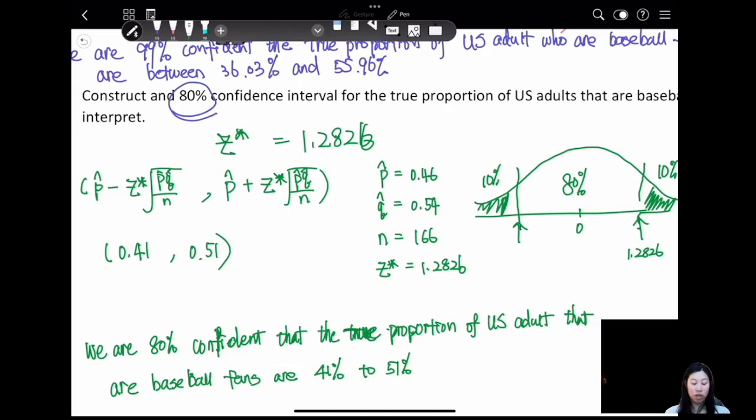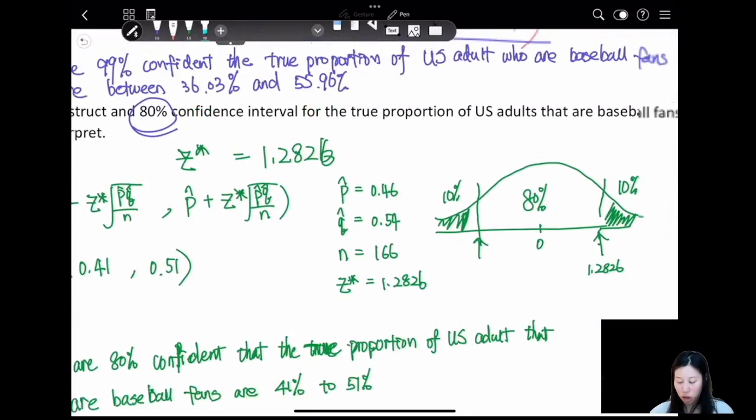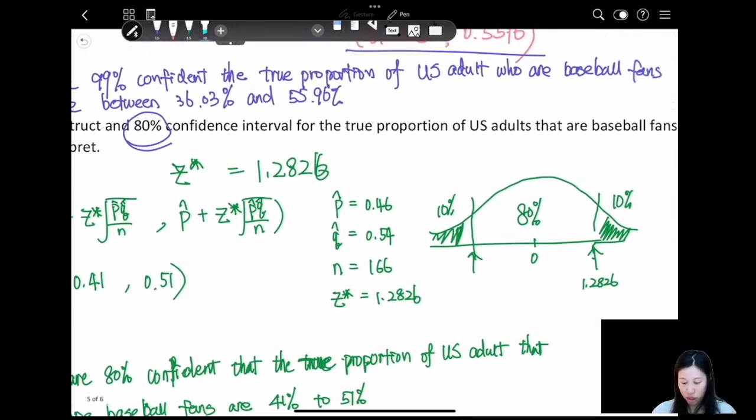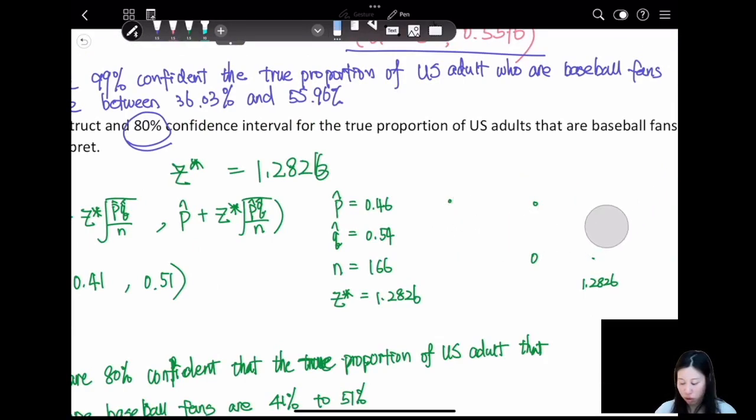So also we can talk about the margin of error. Remember what the margin of error is? So the margin of error equals the z-score times the square root of p hat q hat over n.